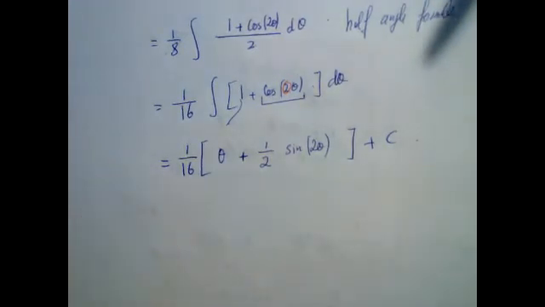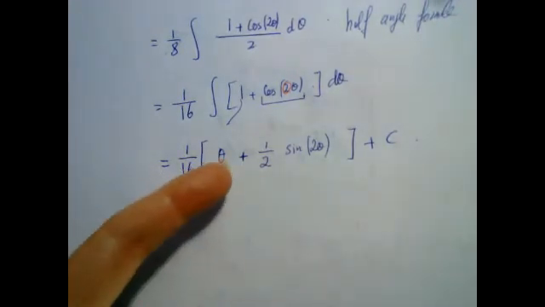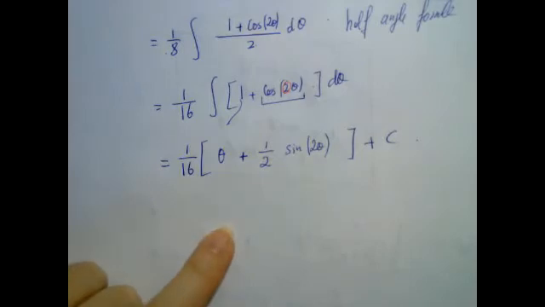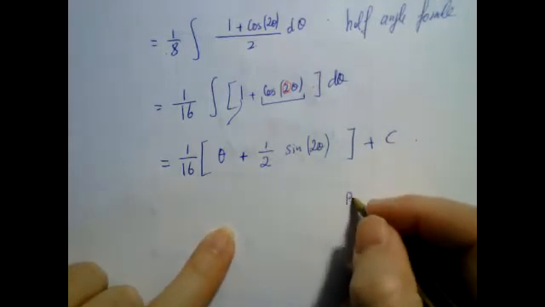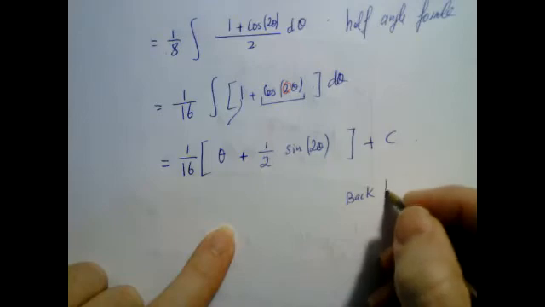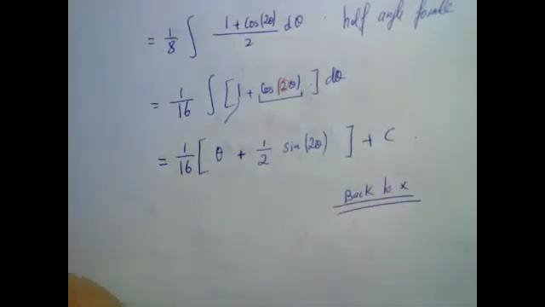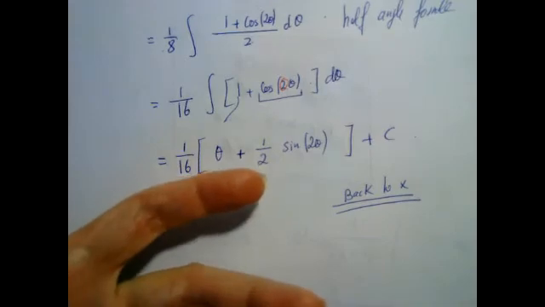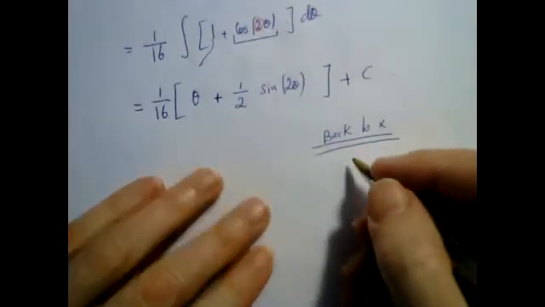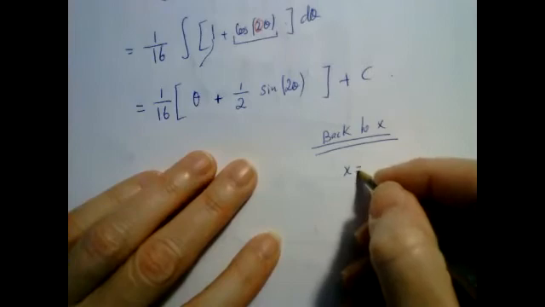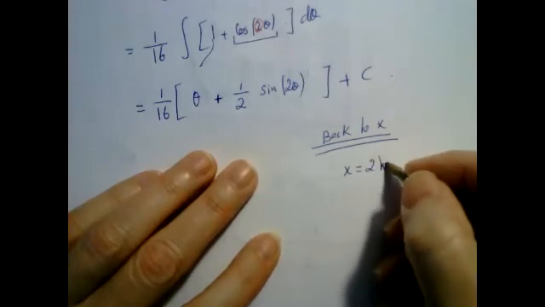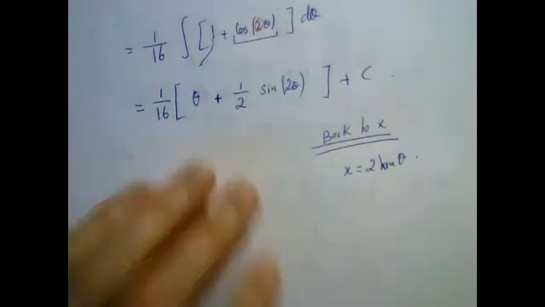Okay, so I found the antiderivative, but the problem is that it's in terms of theta, and I need to go back to x. To go back to x, I go back to the initial relationship that existed between x and theta. That relationship is that x is 2 times tangent theta.